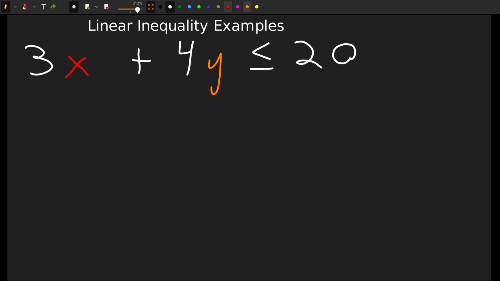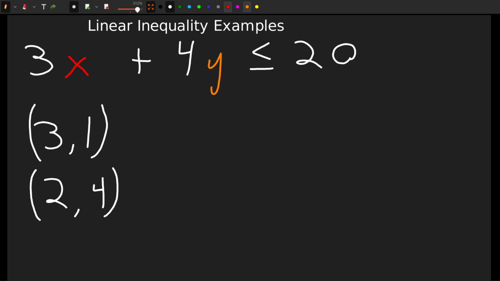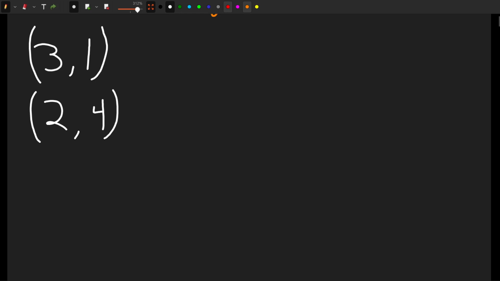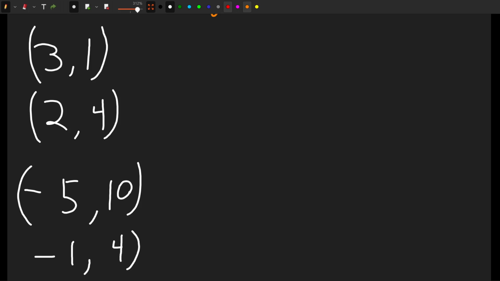And we're going to see if (3, 1), (2, 4), (-5, 10), and (-1, 4) are solutions. Okay.